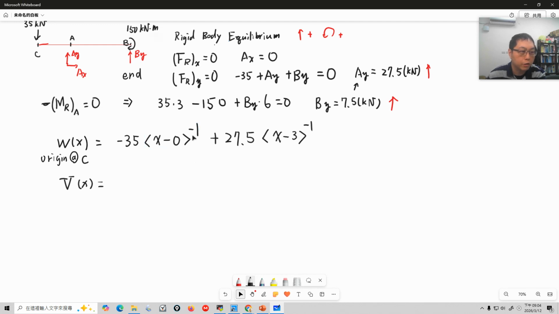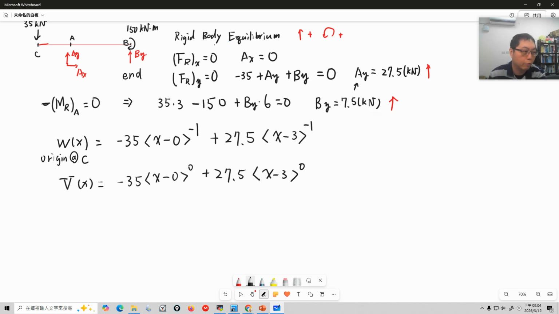Here the powers of the discontinuity functions are -1 and -2. Just add 1 to the power, so it becomes <x - 0>^0 plus 27.5<x - 3>^0. That's the shear force function.